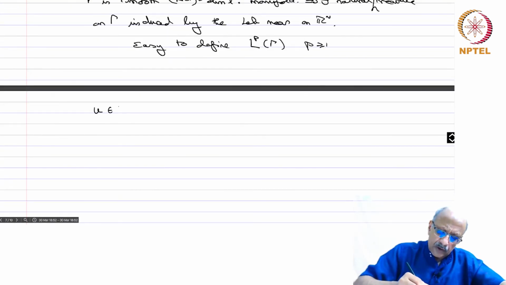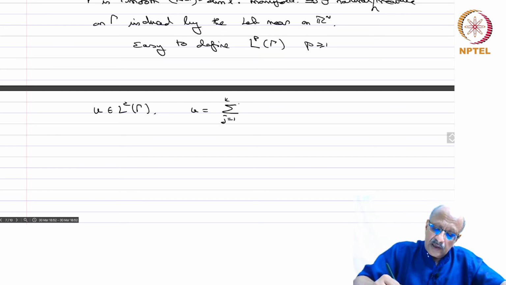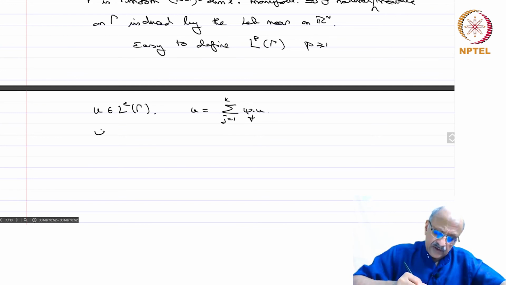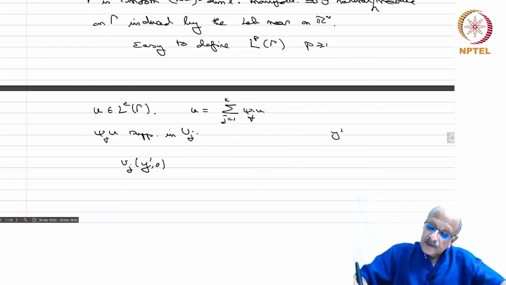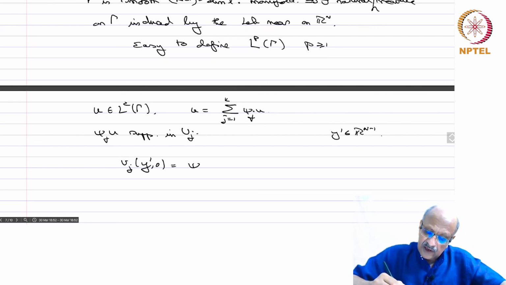Now let u belong to L2 of Gamma. Then you can write u equals the sum over j from 1 to k of psi j u. Now psi j u is supported in Uj. Consider Vj of y', where y' is in Rn-1, equals psi j u of Tj of (y', 0).